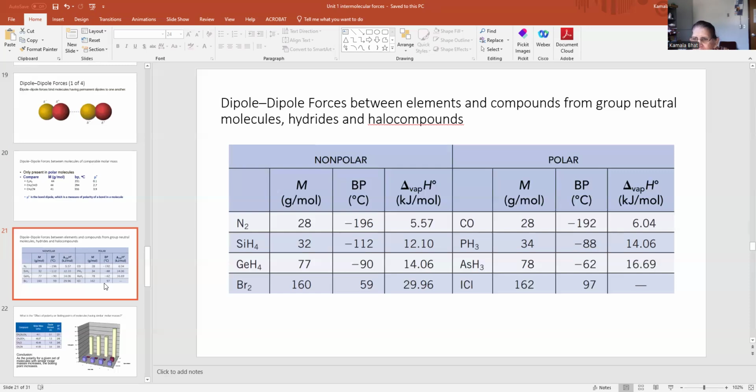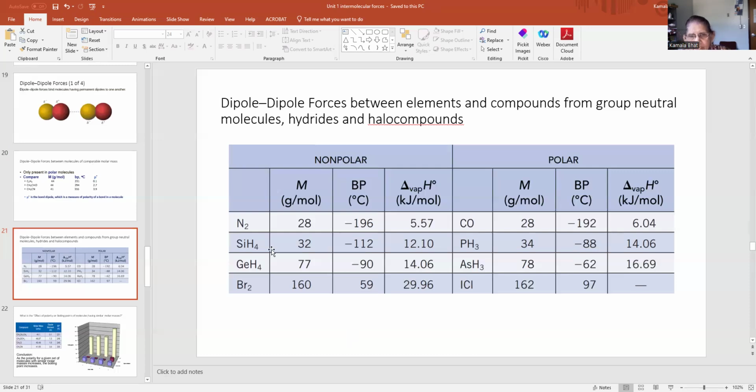The boiling point is negative 62, and the heat of vaporization is 16.69, whereas for germanium hydride it is 14.06.